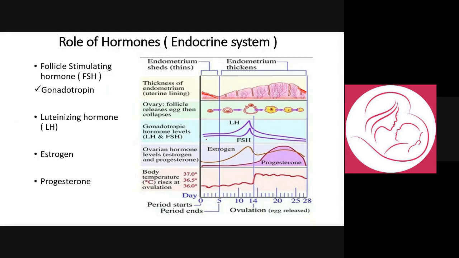In the third one, we have LH and FSH, that is luteinizing hormone and follicle stimulating hormone. If you see both these hormones in conjunction with the development of your endometrium as well as the egg, you will find that in your follicular phase, the LH hormone, when you're bleeding, is almost constant and at a minimal level.